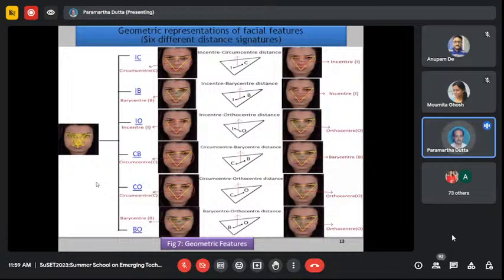Now, whenever there is a change, let us try to appreciate this. Suppose I become a bit smiley from a neutral position; these distances will undergo serious and severe changes, all the 6.